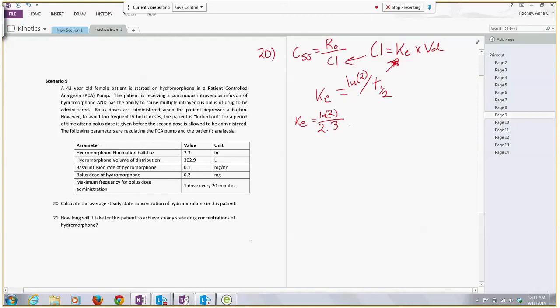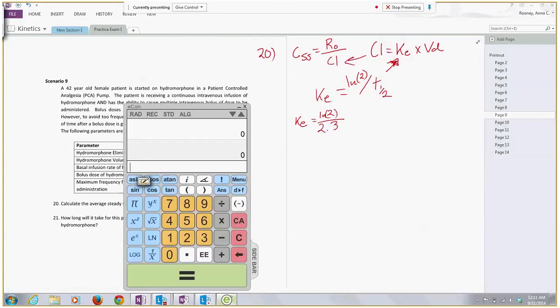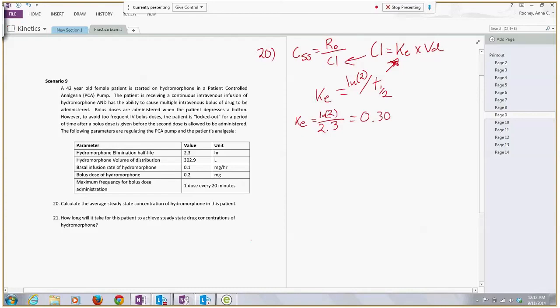Alright, so I do not have this in my notes, so I have to do this with you guys. 0.301 something. 0.31 is perfectly fine with me. So, clearance.